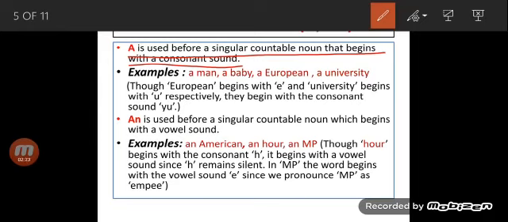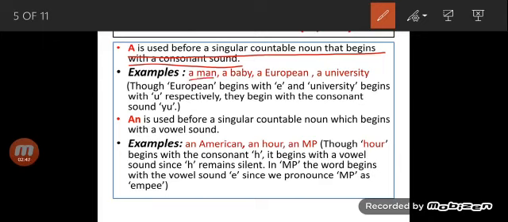Countable noun we have already discussed. Consonant sound means other than vowels, the consonants. So if the noun begins with that consonant sound, then we have to use article a.